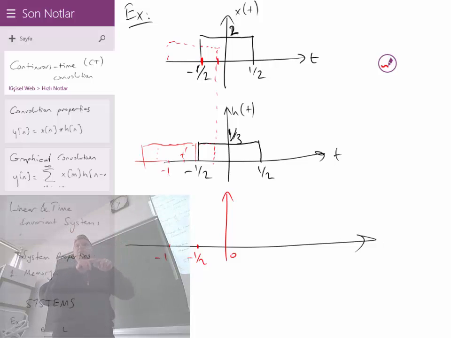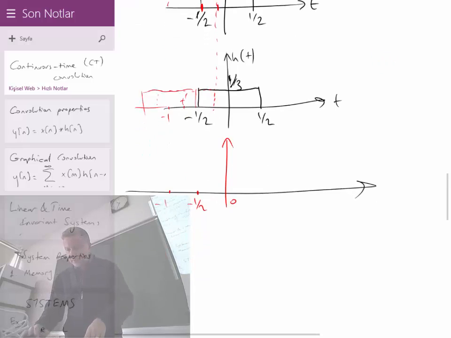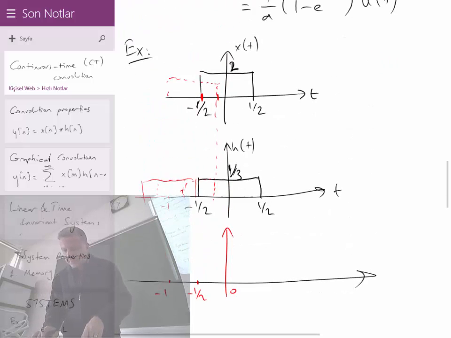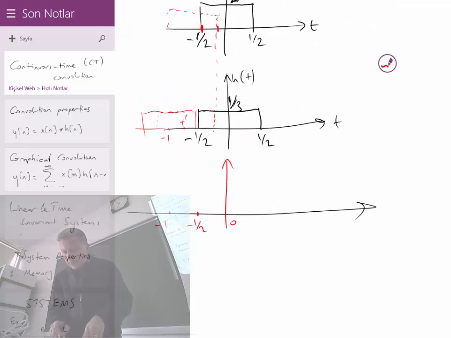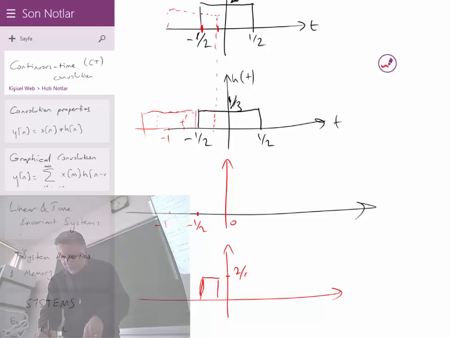So the multiplication will be a box shape. Let me draw it here. It will be a box shape with magnitude 2/3 somewhere here. The level is 2/3. It starts from -1/2 and it goes up to somewhere.